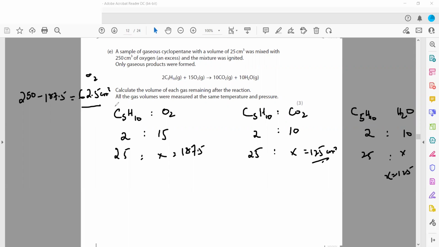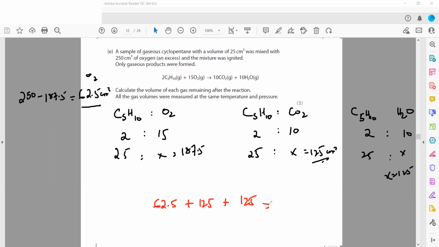So the total volume of gas which is left: 62.5 is the unreacted oxygen, 125 is the formed carbon dioxide, and 125 is the water. We take the ratio of the moles as the ratio of the volumes, because the ratio of the moles is always the same as the ratio of the volume. But remember, as they mentioned, all are in the gaseous state. That's why we are taking the ratio.